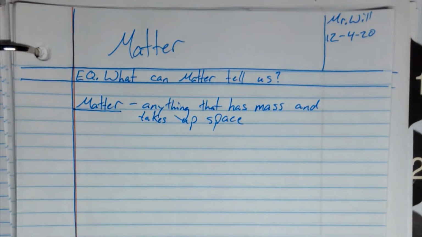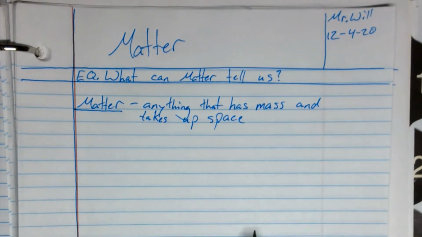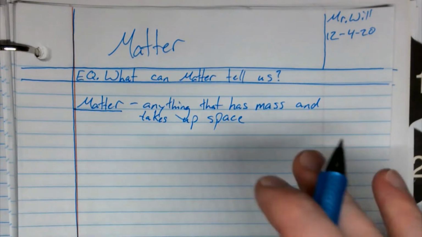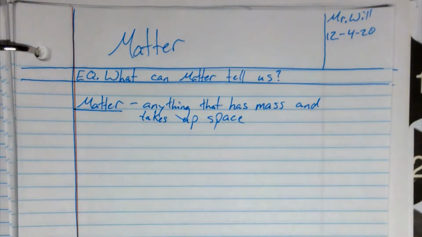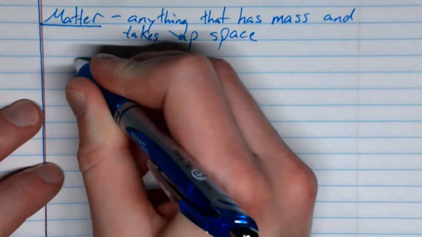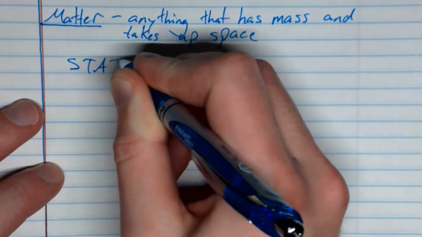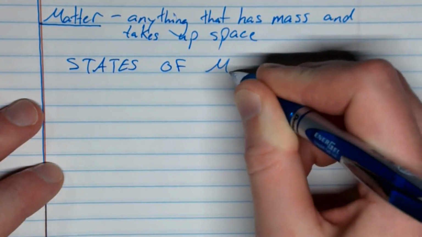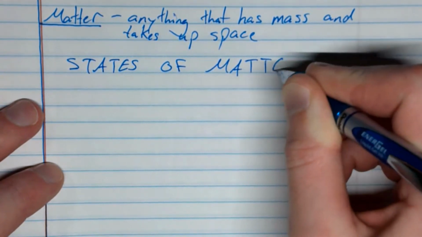Moving on from that. Okay, so next we're going to talk about the four states of matter. There are more than that, but we're going to just talk about these mainly because the other ones are harder to explain. So we're going to write down states of matter.